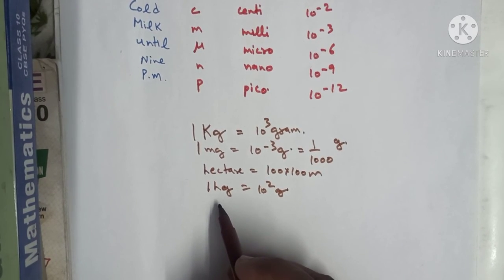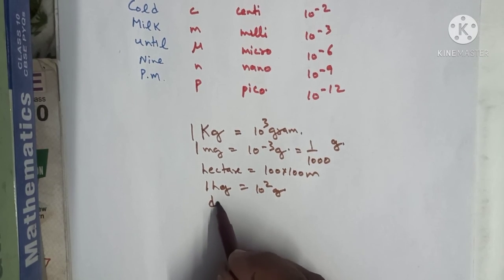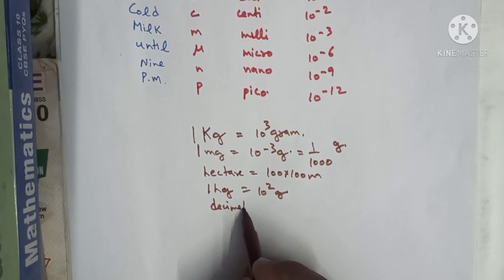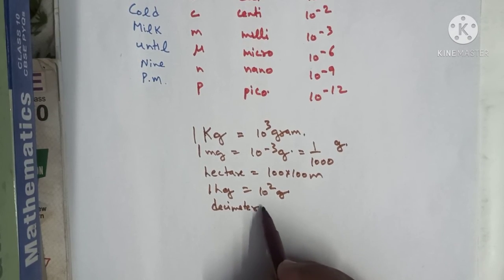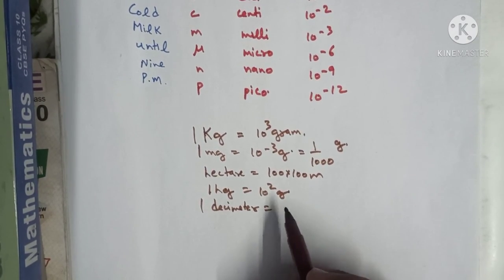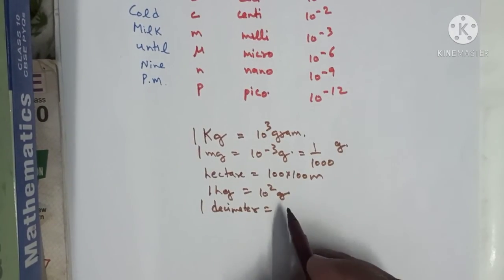Similarly, if I say decimeter, 1 decimeter, deci is 10 to the power minus 1, so 1 upon 10 meter.